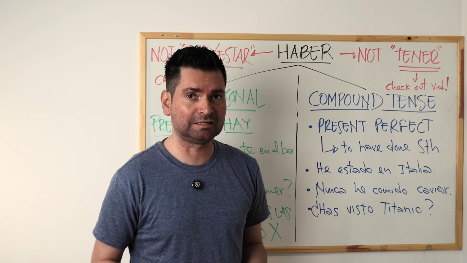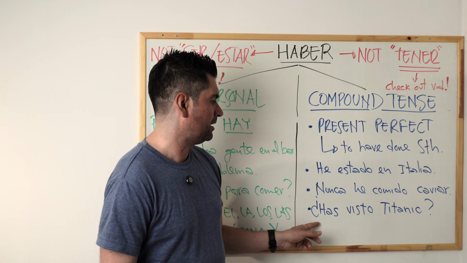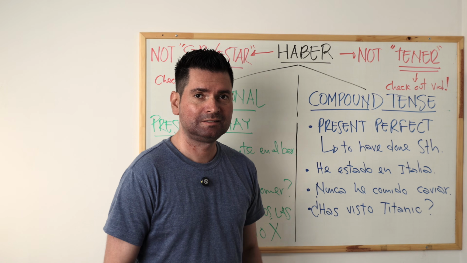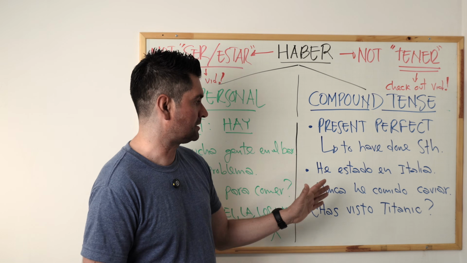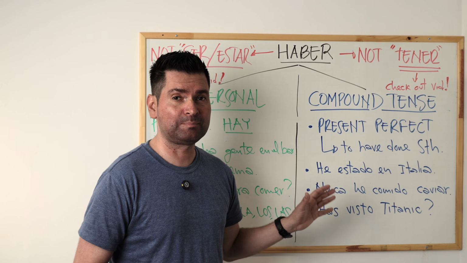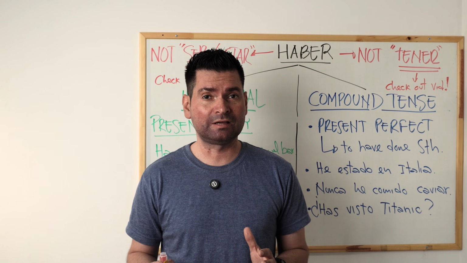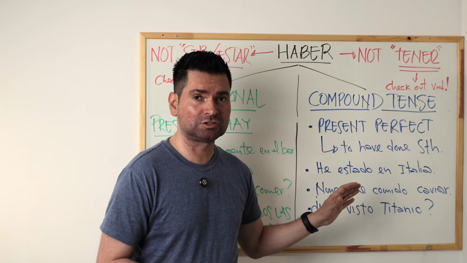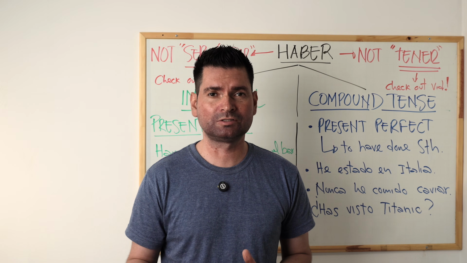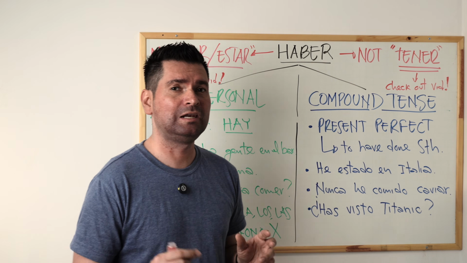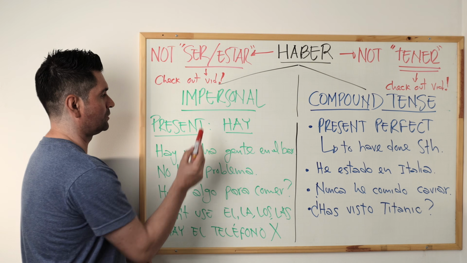I have never eaten caviar. ¿Has visto Titanic? Have you seen Titanic? These are just some examples. This is a very important topic. I'm going to make a video about this particular topic with all the uses, the keywords, examples, and questions. But right now, let's go back to the impersonal one.